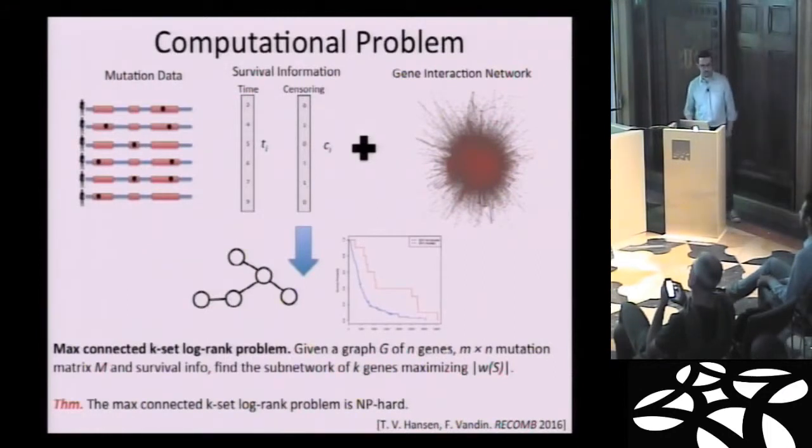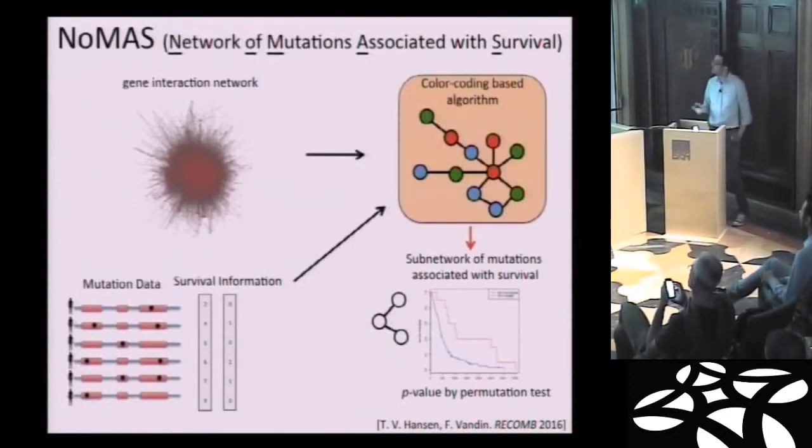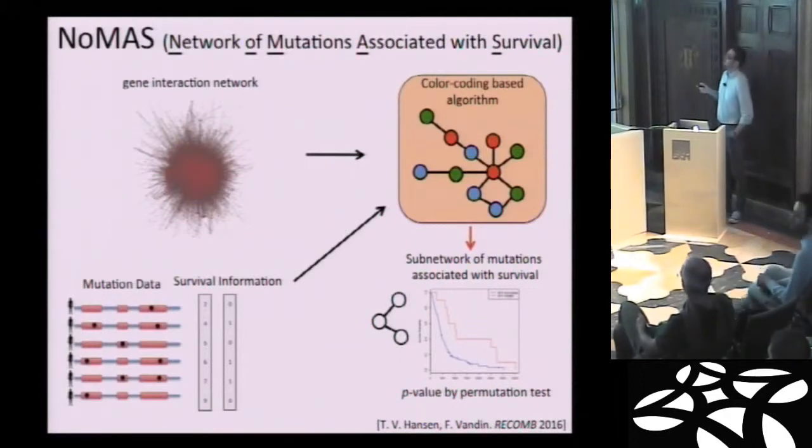So how can we solve it? Well, we have designed an algorithm that we called NoMAS, for Network of Mutations Associated with Survival, that tries to identify these subnetworks associated with survival. The way NoMAS works is the following. We use a color-coding-based algorithm to identify subnetworks of mutations that have high association with survival.